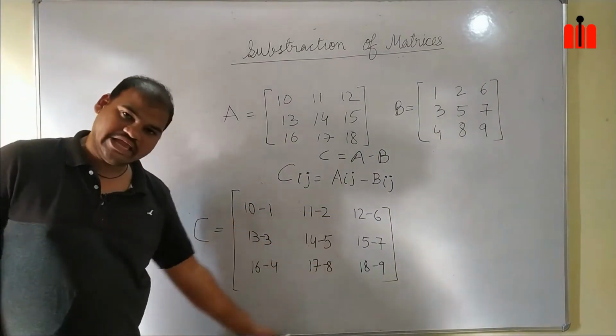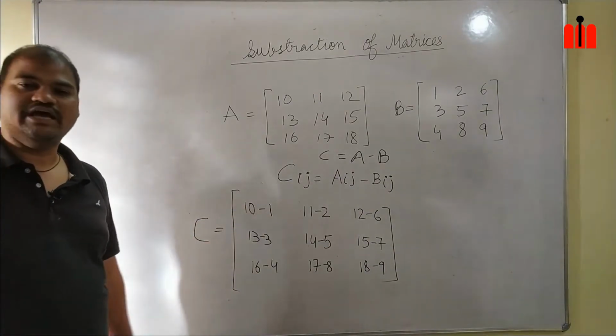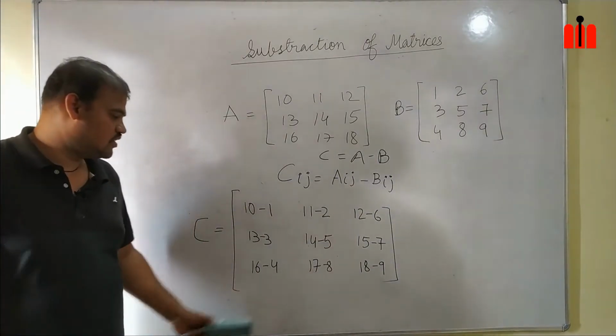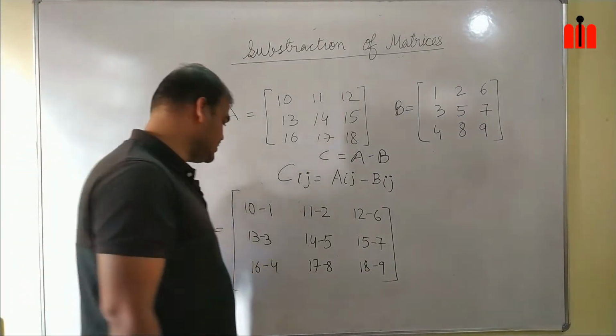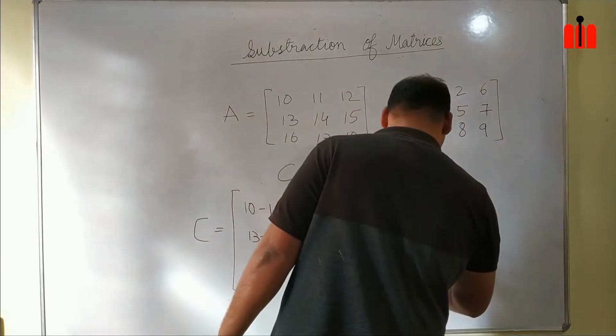This is all my Aij minus Bij elements, which is equal to my Cij elements, and that is my C matrix. So what will be my C matrix?